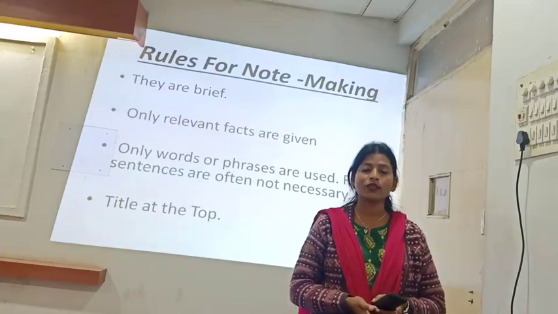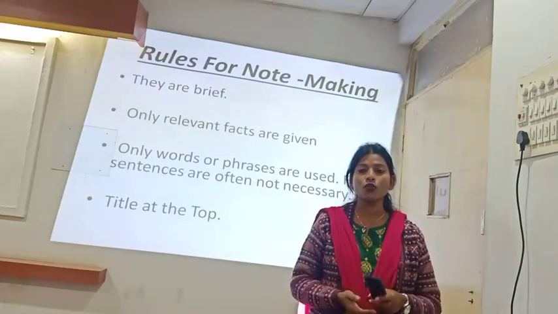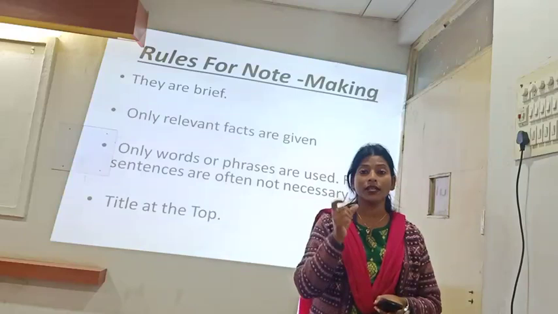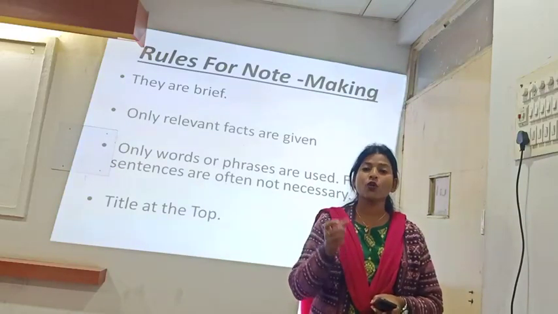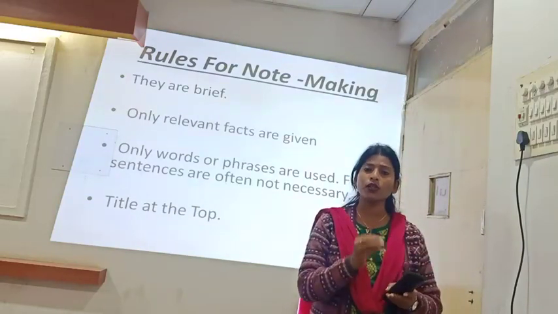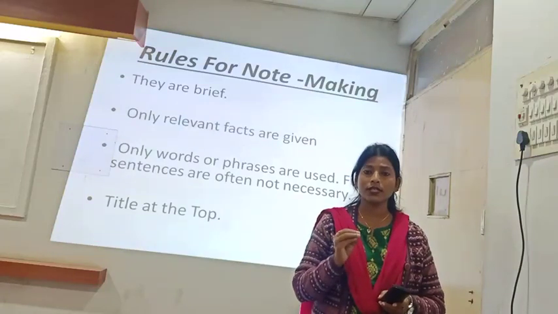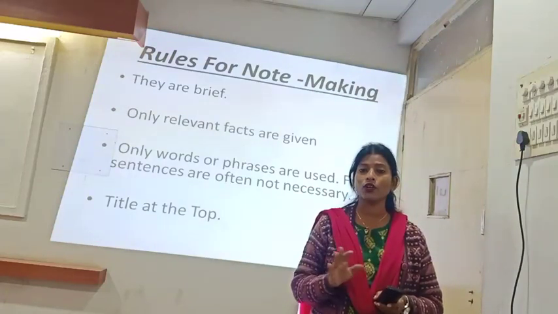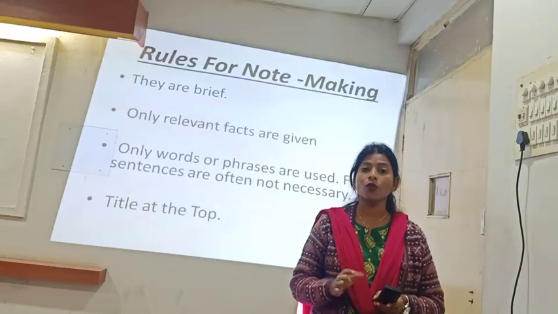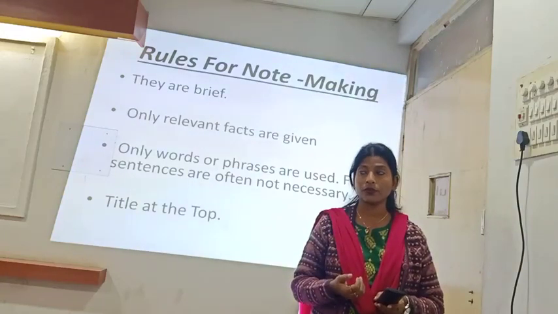Next rule says that whatever you write in note making should be in brief. Whatever the main gist, only the gist you will write. You will not frame any kind of sentence in note making, only gist, right?